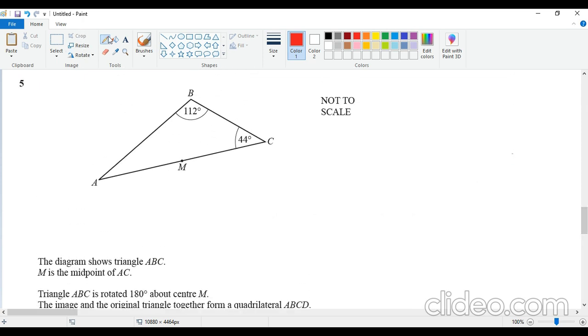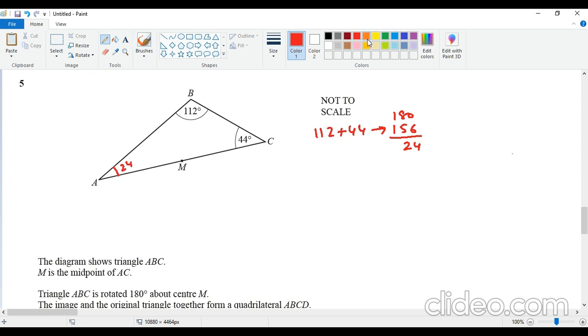So to make your work easier, we should know very well that 112 plus 44 is subtracted from 180 degrees, since the sum of all the angles of a triangle equals 180. So we know very well 112 plus 44 gives us 156. When it is subtracted from 180, it's going to give us 24. So we know very well this angle is 24.